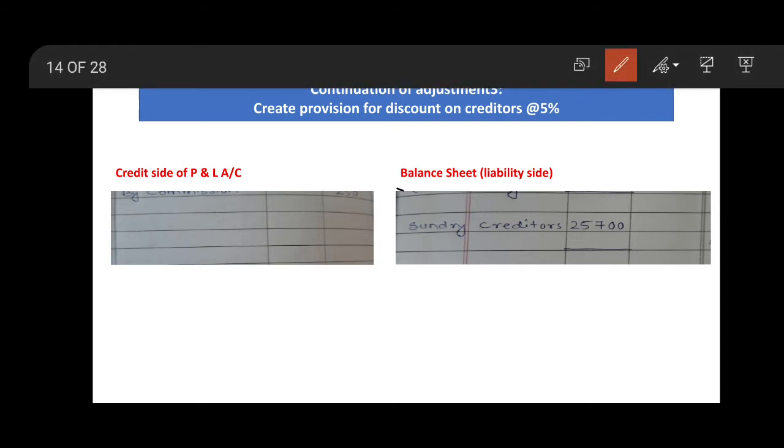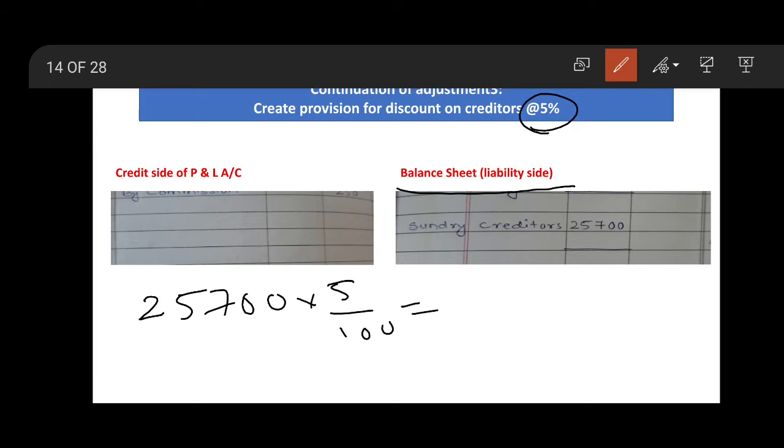Creditors means balance sheet liability side. We already have creditors here, 25,700. So calculate the 5% on 25,700. See how much you get. The 5% of 25,700: cancel these 2 zeros, 257 into 5, you will get 1285.